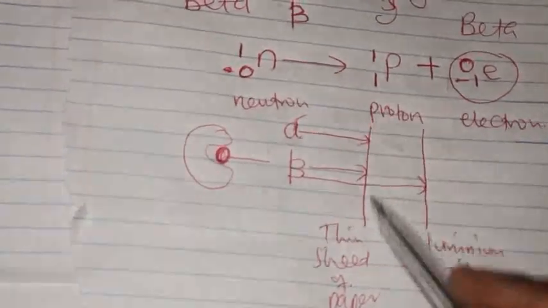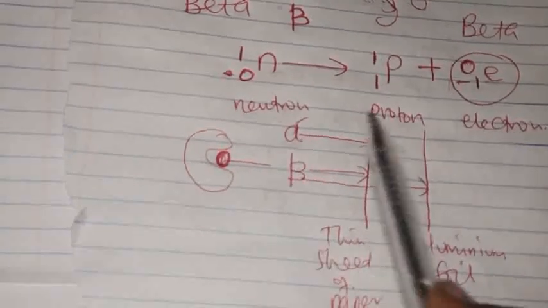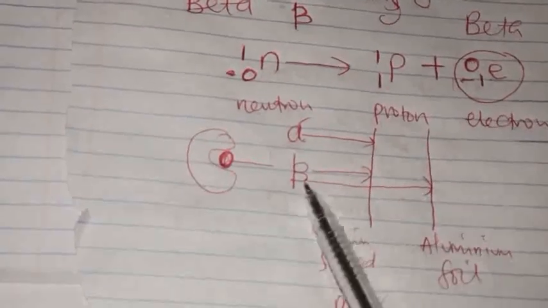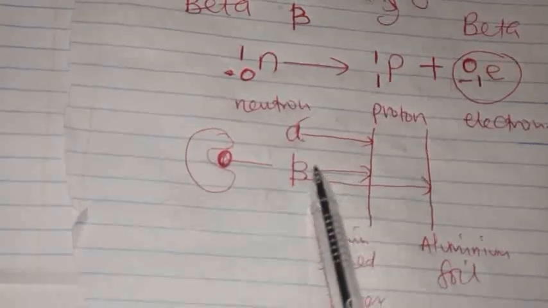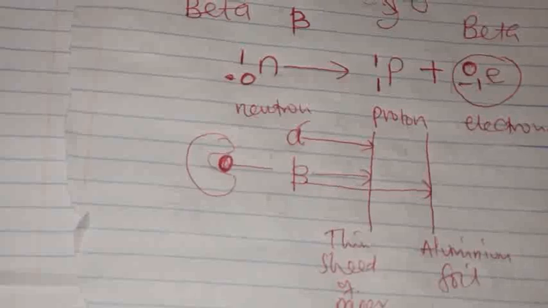So if a thin sheet of paper blocks the alpha particle and the beta particle penetrates the thin sheet of paper, then the beta particle is better in terms of penetration. So it passes through the thin sheet of paper that blocks the alpha particle but gets blocked by the aluminium foil. So it has a better penetrating power.